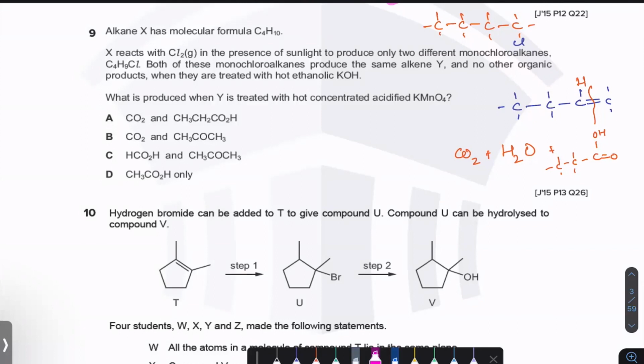No, wait. Okay, I made a mistake. Sorry, guys. This double bond won't be formed.